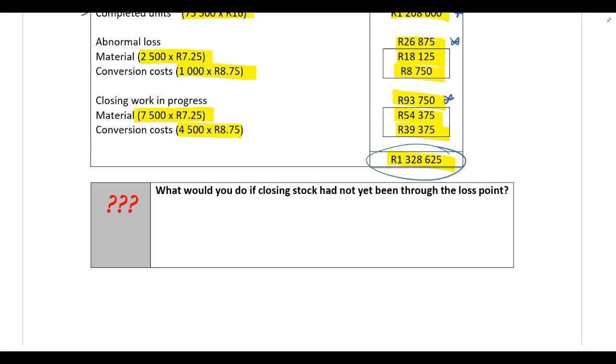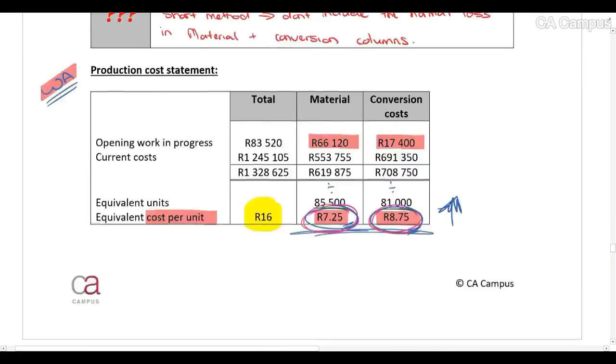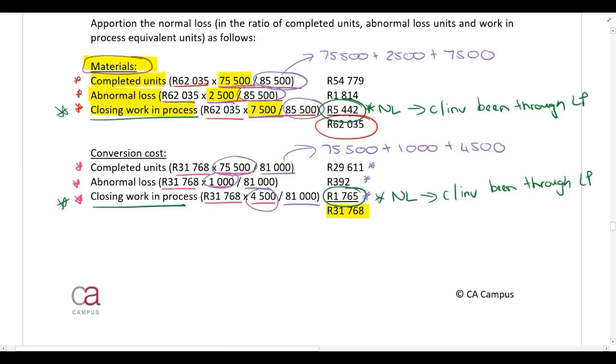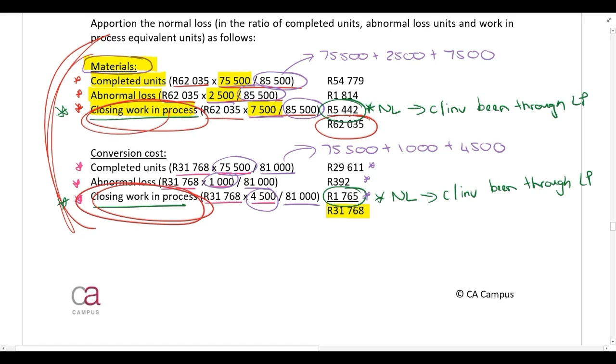So what would we have done, guys, if closing stock had not yet been through the loss point? So if closing stock hadn't yet gone through the loss point, we can't use the short method. We would have to use the long method. So number one, we must use the long method. Number two, when we're doing the long method and we are doing the allocation of the normal loss, if closing work in process hasn't been through the loss point, you don't allocate any of the normal loss to closing work in process because it hasn't been through the loss point.